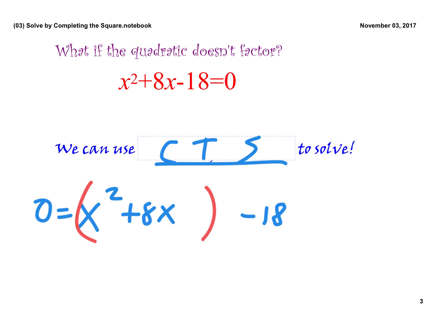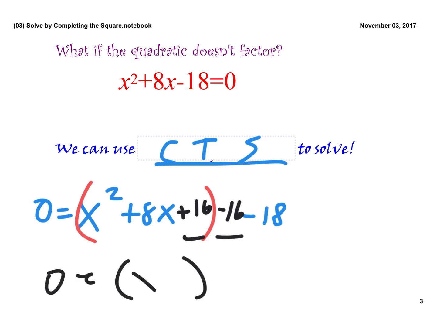Mason, use the half and square thing and tell me what to put here and here. Plus 16 minus 16. Excellent. Then if you can factor it, you should. x plus, not 16, not 8, but 4.